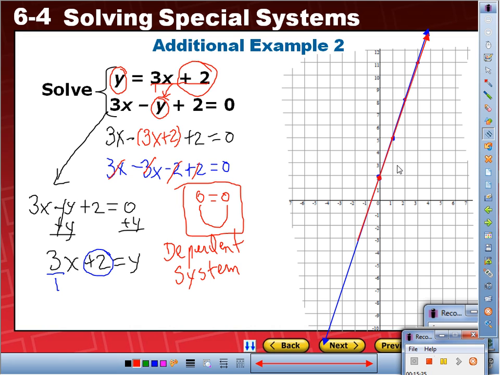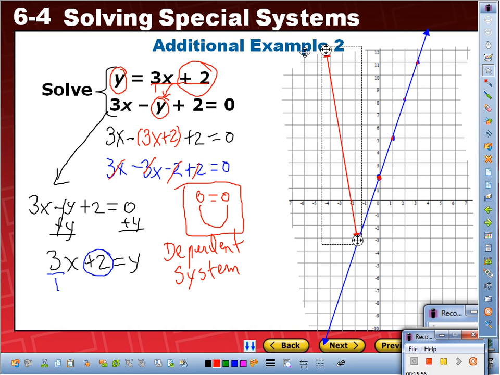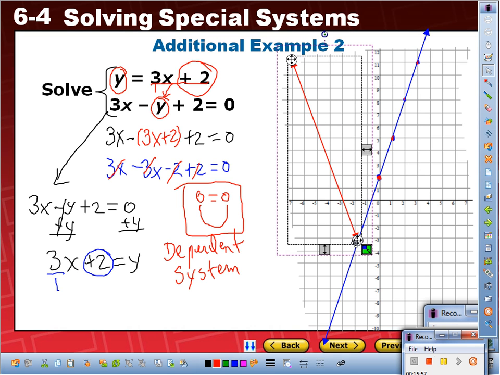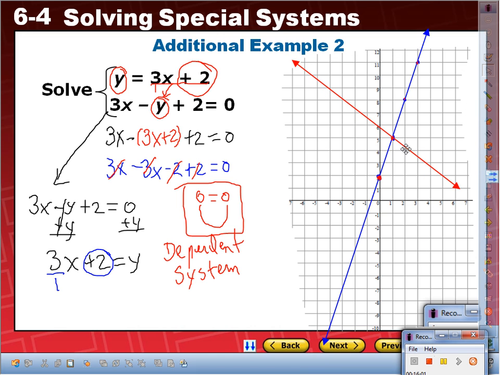So check this out. This is what I want to convey to your attention. Everybody look up, please. When we have another type of system, and it does this, how many solutions do you see? 1, which is the point of intersection of the lines, right?